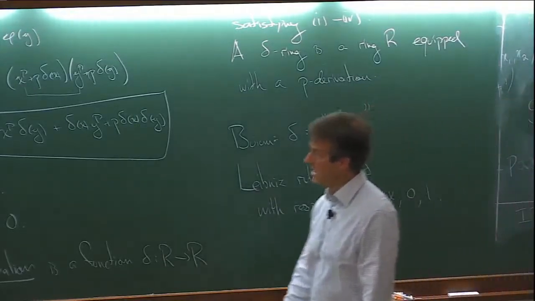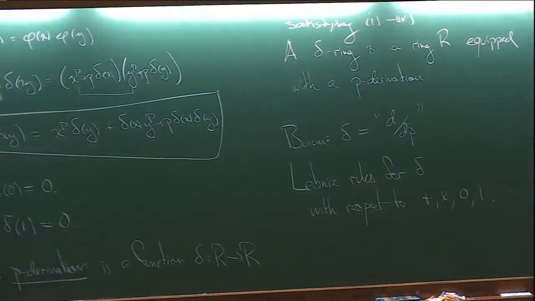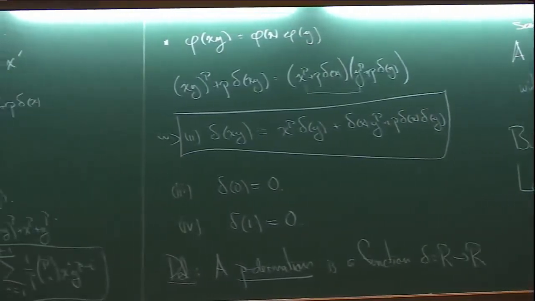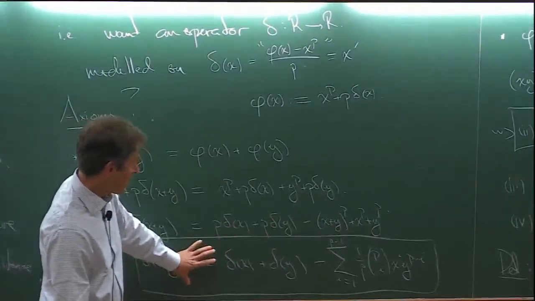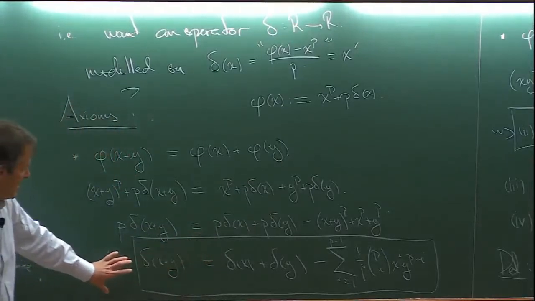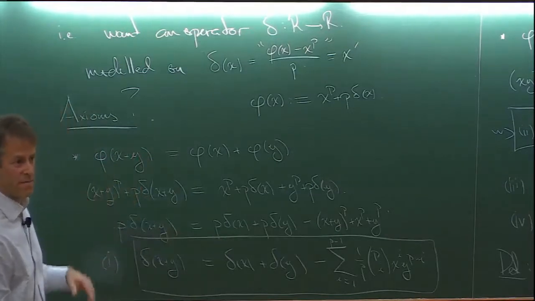Here's the Leibniz rule for delta with respect to multiplication. It's very similar to the usual Leibniz rule. But delta is not additive in general. So similarly, there's a different Leibniz rule for delta with respect to addition. And the presence of this is the only way in which Witt vectors are more complicated than something you're really very familiar with already.